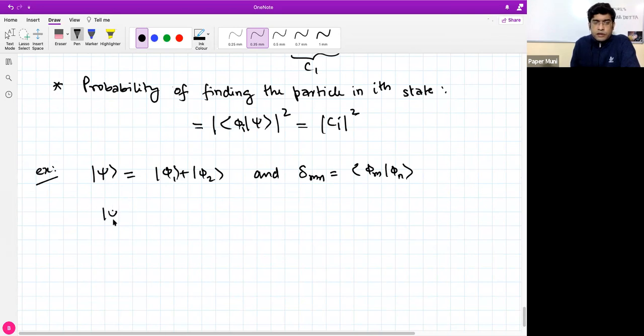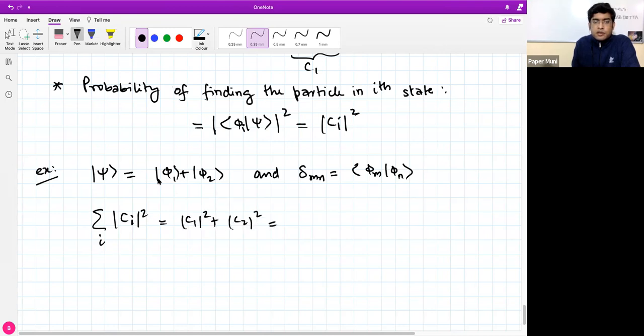So let's assume that the normalized psi looks like this. Now how will you check whether it's normalized or not in this superposition state? Just add Ci mod square. So this will give you C1 mod square plus C2 mod square.